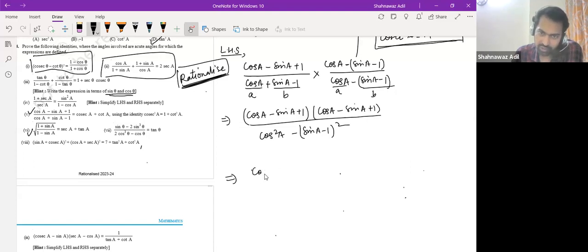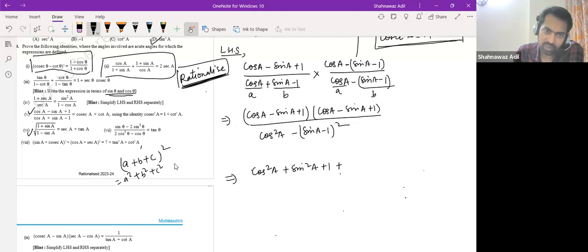So that is cos square A minus sine square A plus sine square A, plus, oh, minus, right? So this is a square plus b square plus c square plus 2ab, 2bc plus 2ac. Okay, okay. So first thing is a into b.